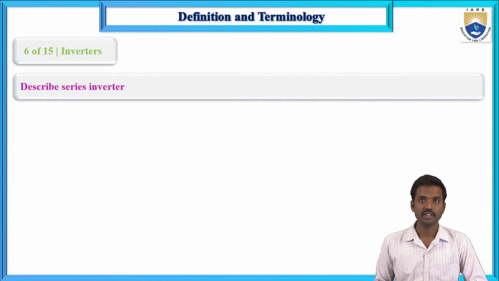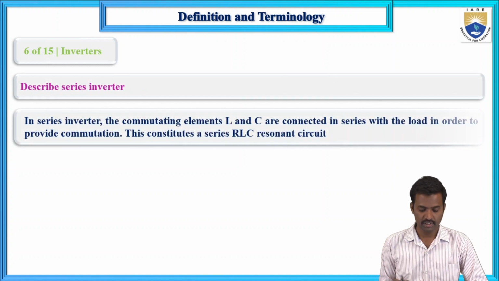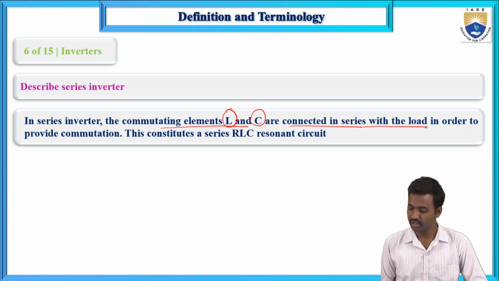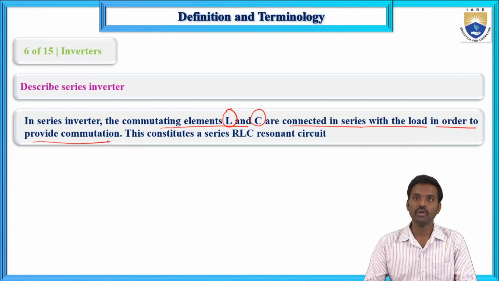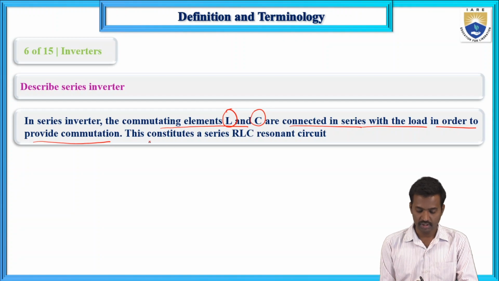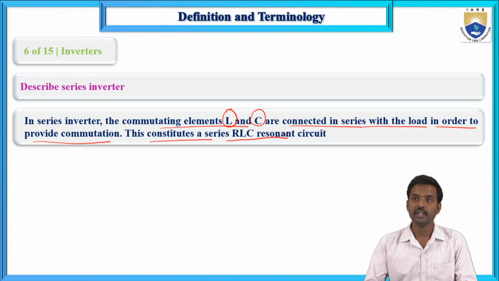Describe series inverter. In the series inverter, commutating elements L and C are connected in series with the load in order to provide the commutation. This forms a series RLC resonating circuit.